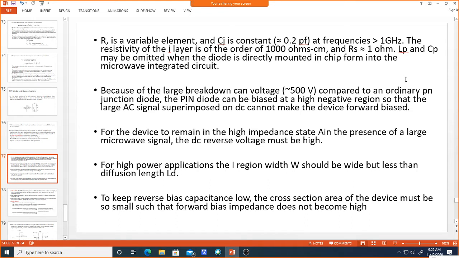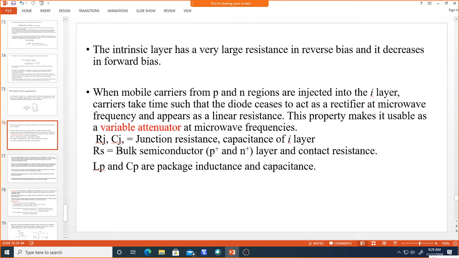Now the resistivity of this intrinsic layer is on the order of 1000 ohm centimeter, and RS equals 1 ohm, the bulk semiconductor contact resistance.